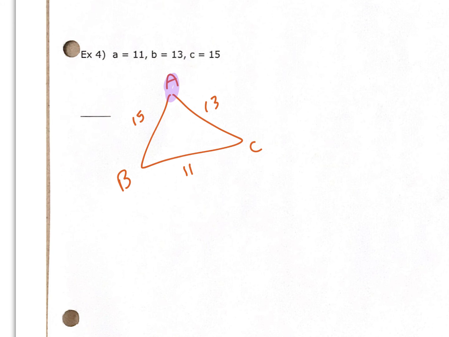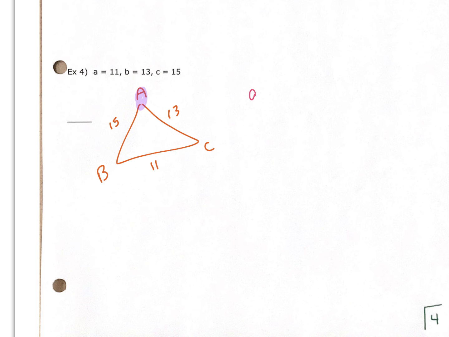So if we're using A as angle A, then the form of this that we are going to use is little a squared equals little b squared plus little c squared minus 2 times little b times little c times the cosine of big A. So let's plug in what we're given. So notice we're just given sides. So we are given this on the left-hand side.